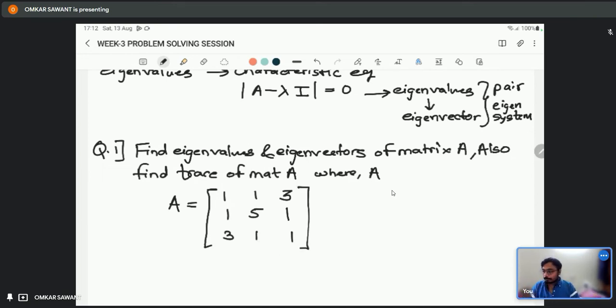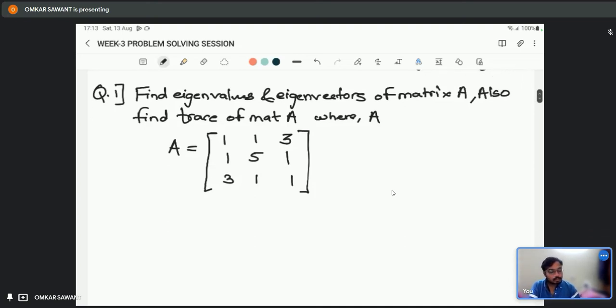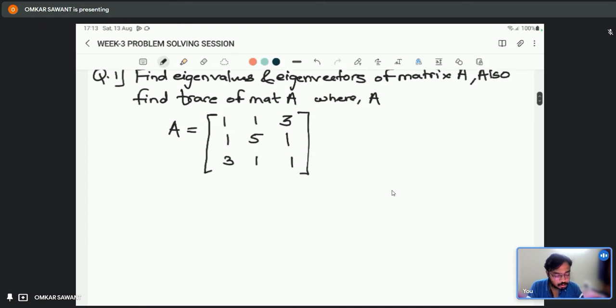Okay, so we have to find the eigenvalues and eigenvectors of this along with the trace.